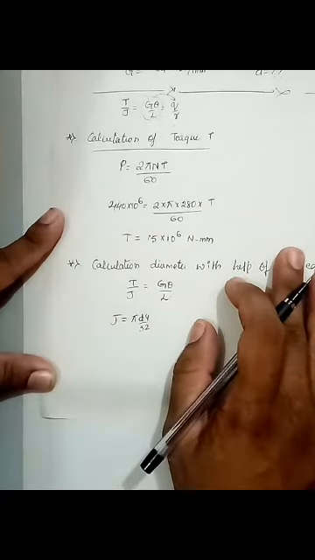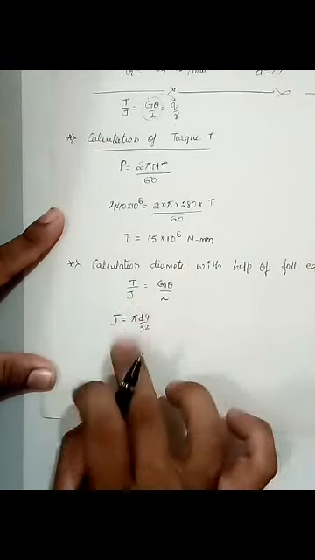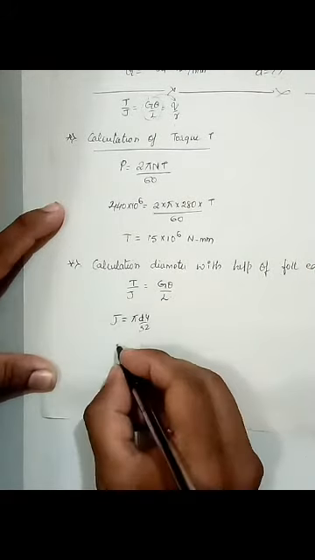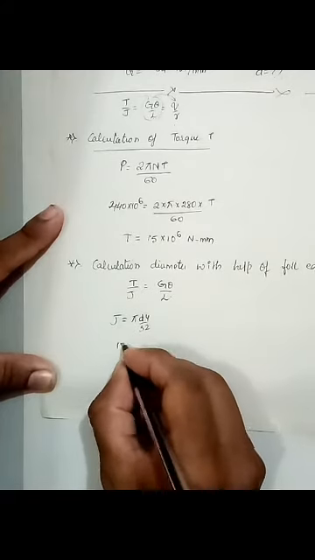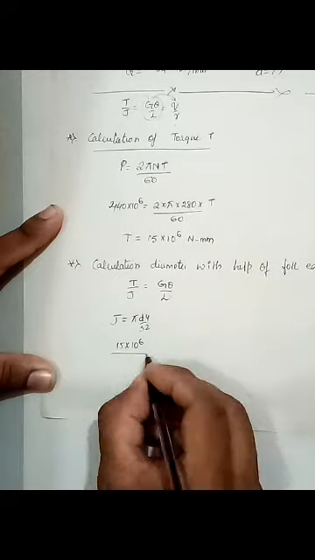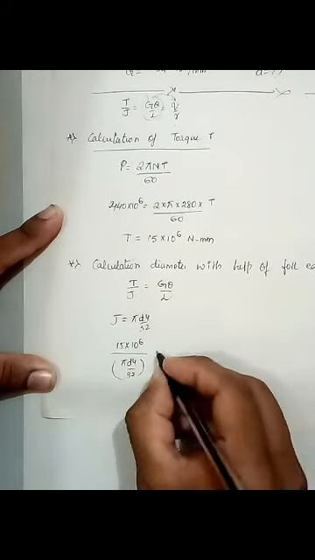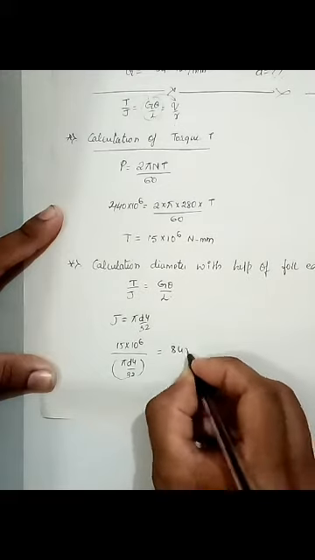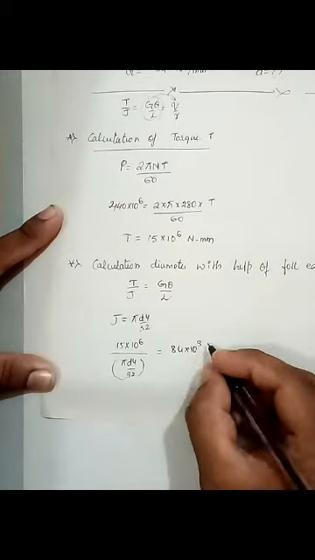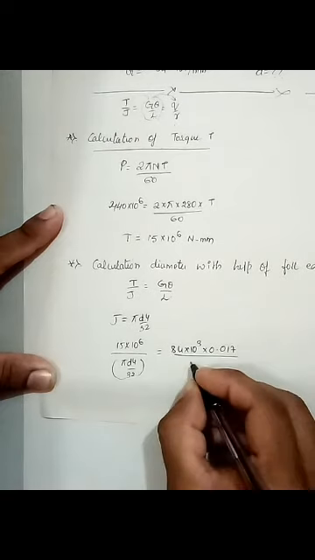Now I'll equate all the terms into this equation. T is already known to us, 15 into 10 to the power of 6, divided by J, which is pi d raised to 4 by 32, equals G, which is 84 into 10 to the power of 3 Newton, into theta, which is 0.017, divided by L, which is 1000.